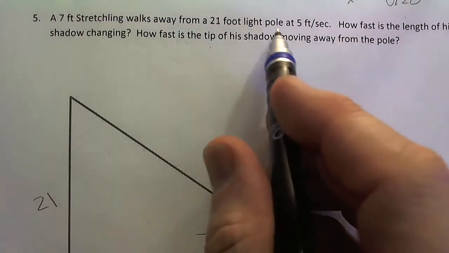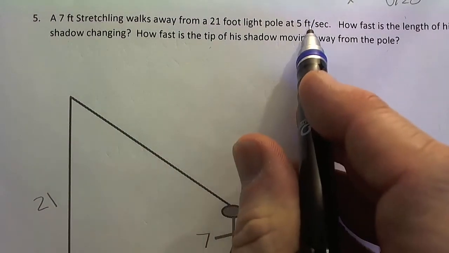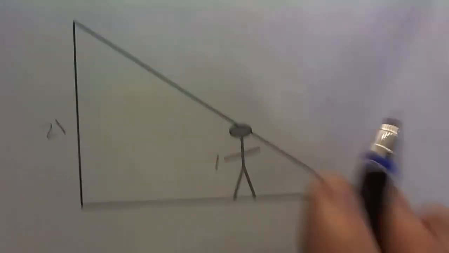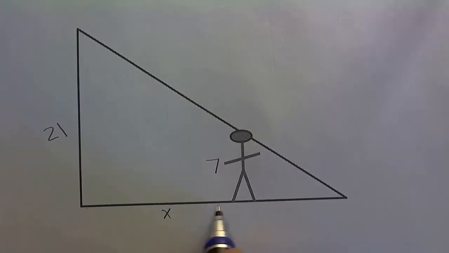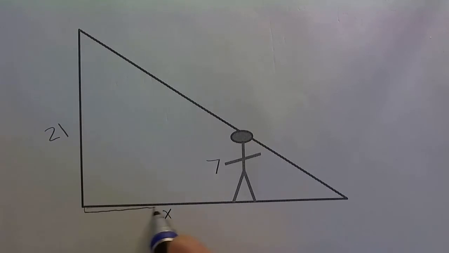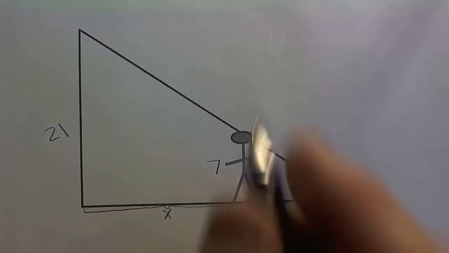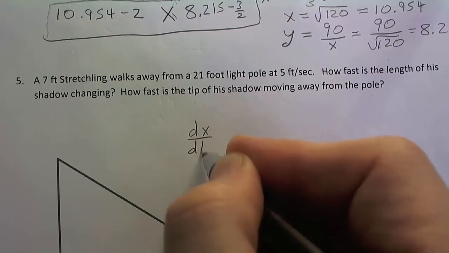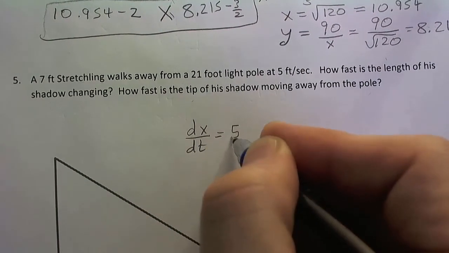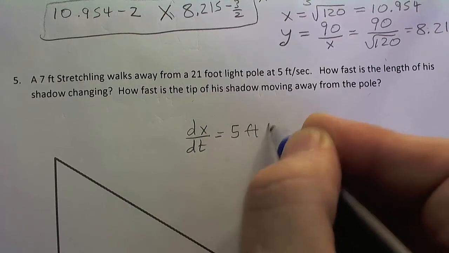He's walking away from the pole at 5 feet per second. So I'm going to label the distance from the light pole to be x. So this right here is x. And the rate of change of x is going to be 5 feet per second.